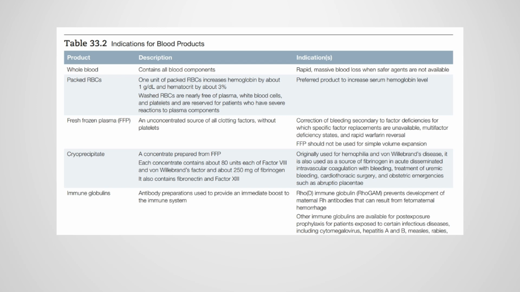Fresh frozen plasma by itself is highly concentrated in clotting factors, not with platelets. So we would use this as a replacement for clotting factors. Say, for example, in someone who's on warfarin. So warfarin inhibits the production of vitamin K dependent clotting factors.